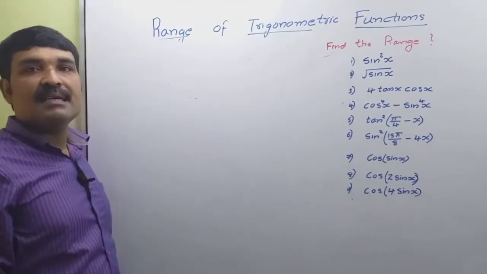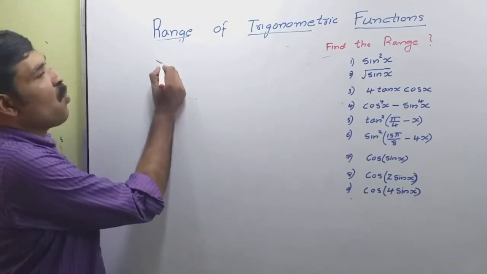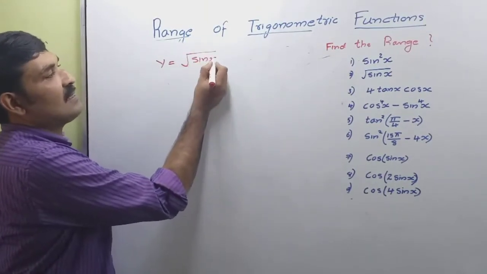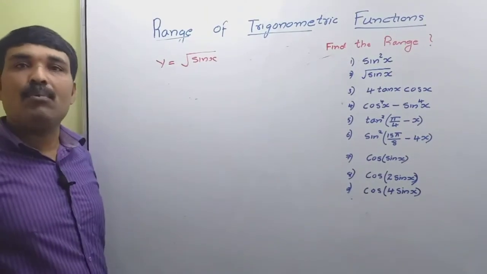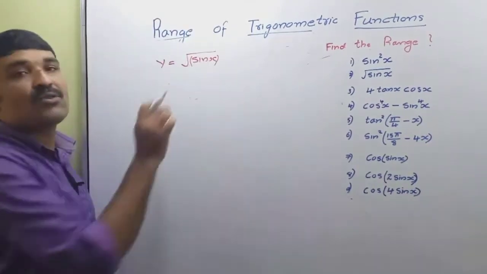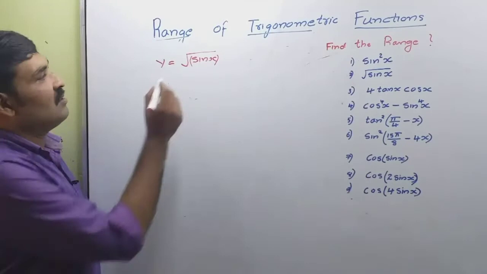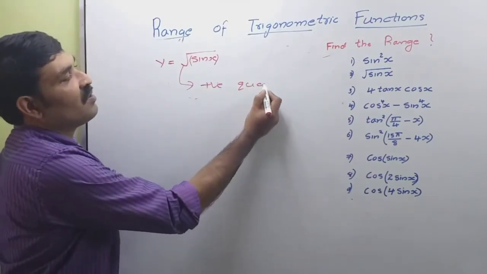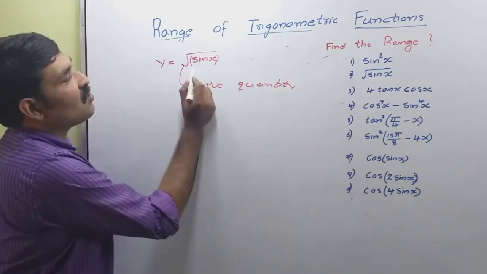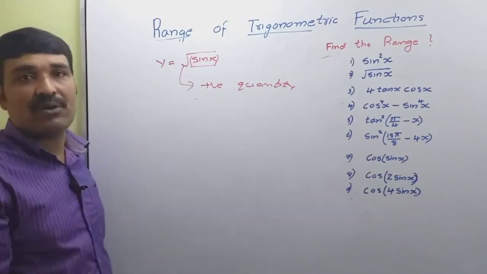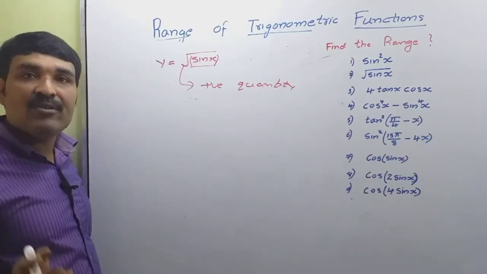Okay. Second question, that is y is equal to square root of sin x. Since the square root is a positive quantity, the term inside the square root should be positive. That means the value of sin x should be positive inside the square root, since this is a real valued function.